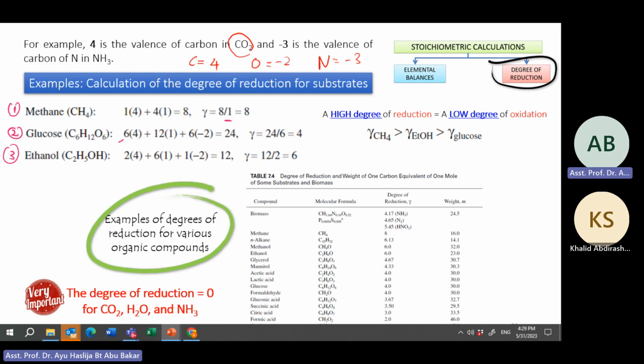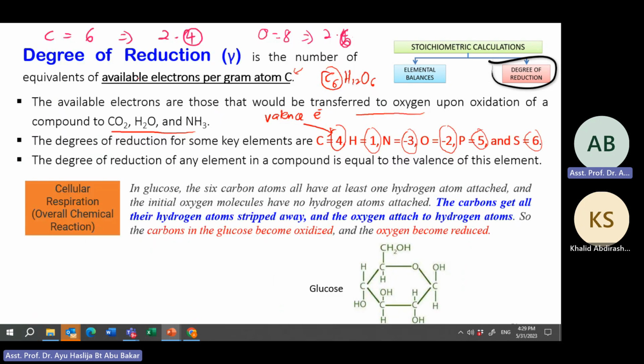Okay. Now, it asks you to calculate the degree of reduction for substrate. Okay, substrates here given as methane, glucose, and ethanol. Degree of reduction. Okay, remember again, I go back to the previous slide.